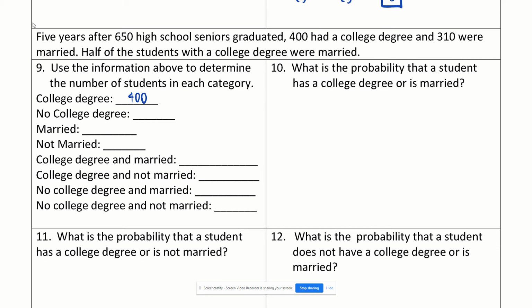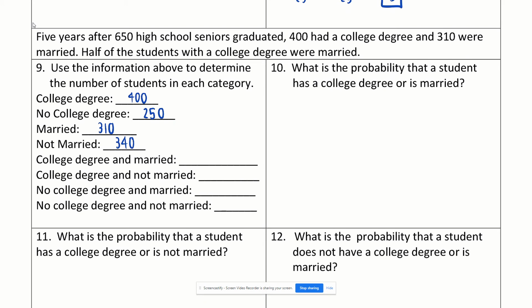So there's 250 who have no college degree, right? Okay, what about married? How many were married? It says 310 were married. Well, if 310 were married, out of the 650, how many were not married? Well, that's 650 minus 310. 340 were not married. And then it says, how many were college degree and married?